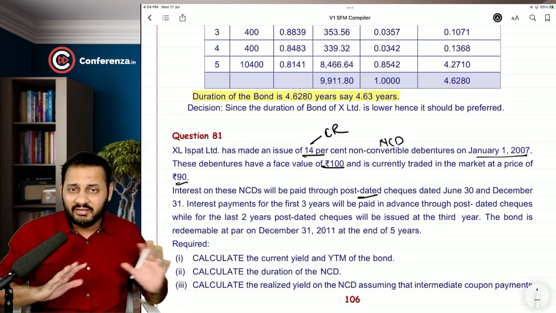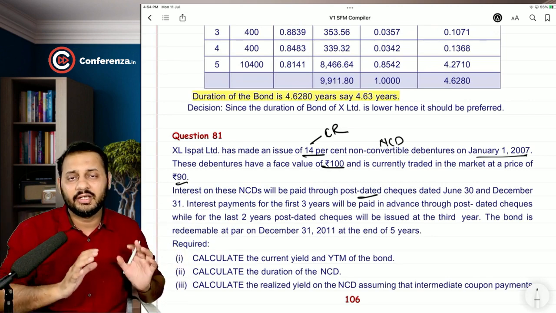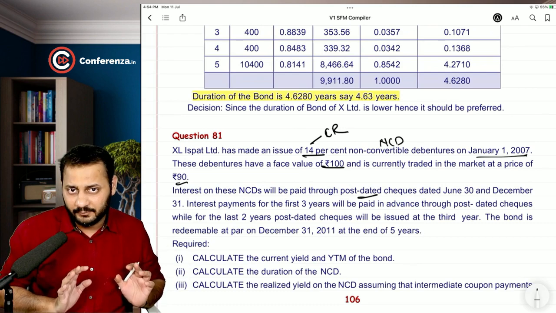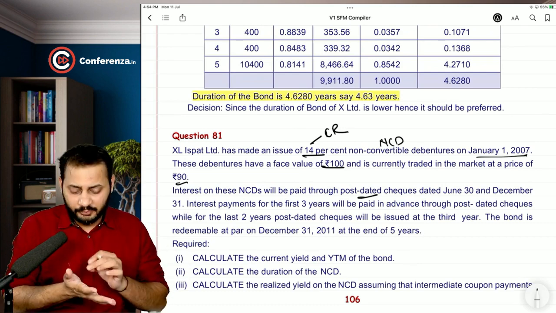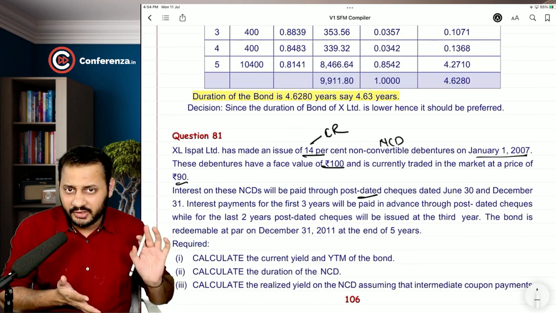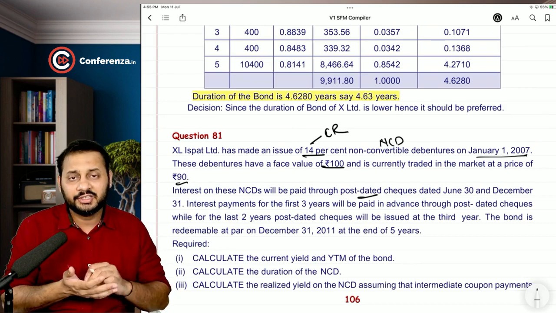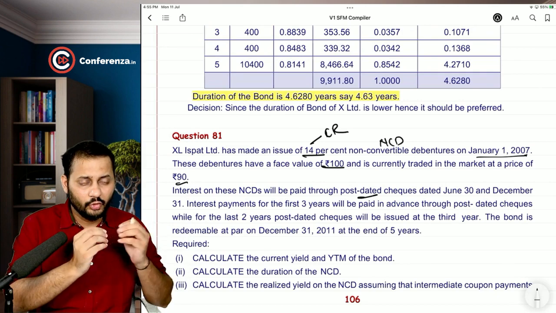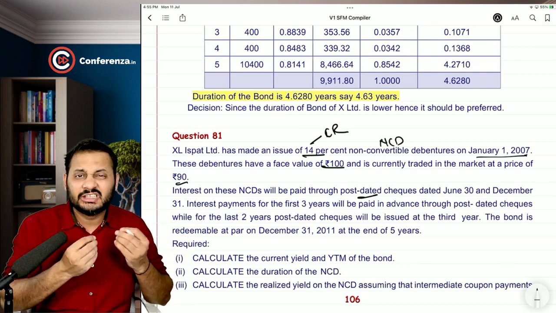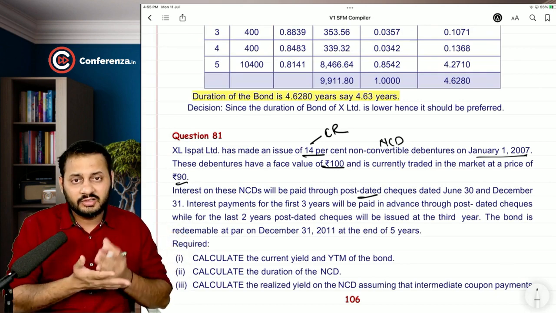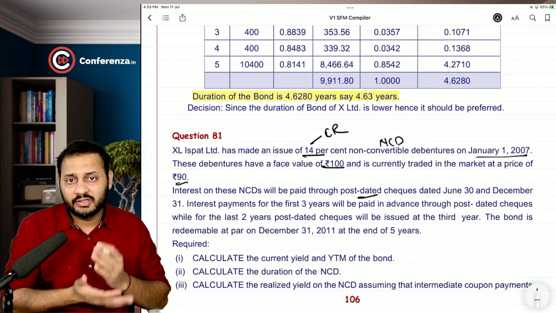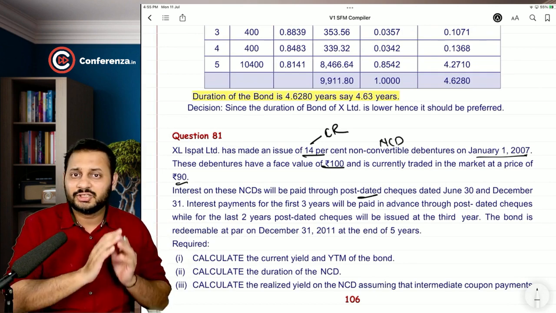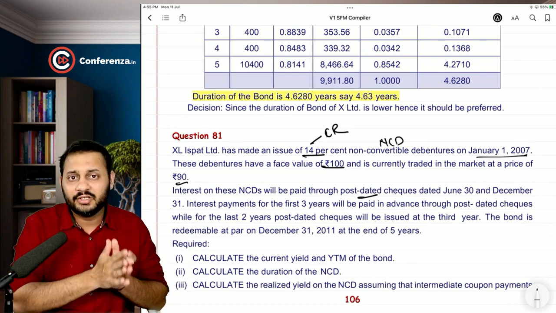That check is irrelevant until that date comes in reality. Suppose today is 1st January 2023 and I write a check dated 30th June 2023. That check, to whomsoever I give it, is irrelevant till 30th June 2023. So a post-dated check has no value till that particular date comes.